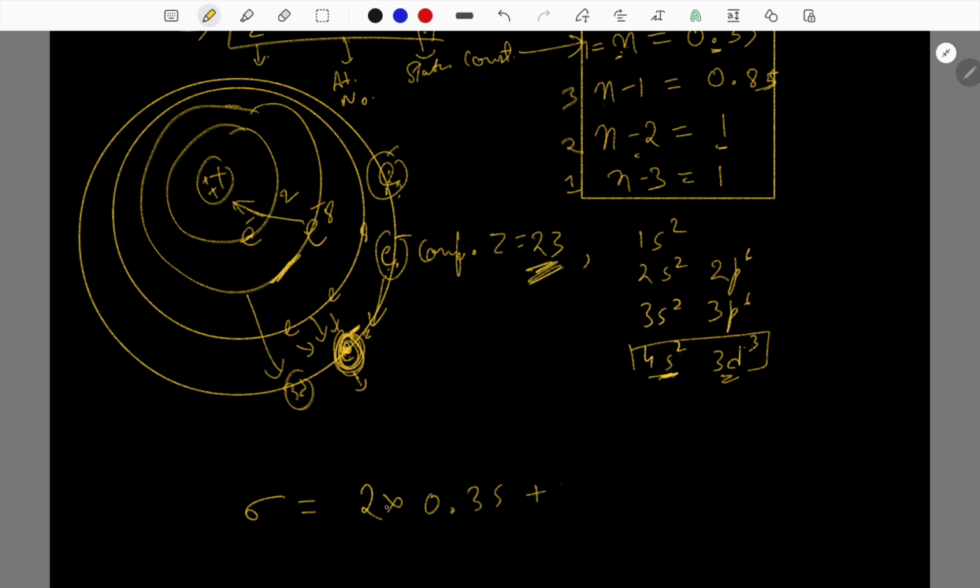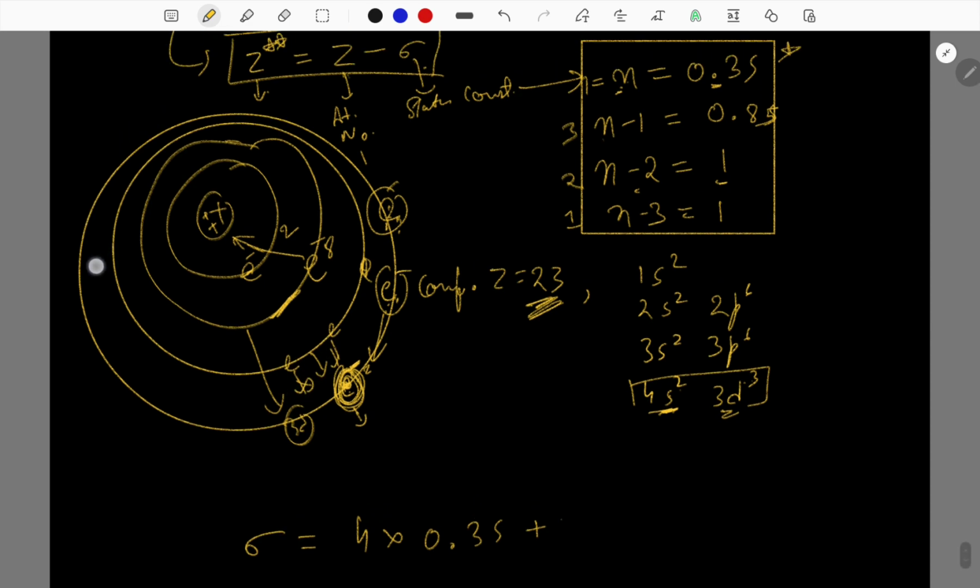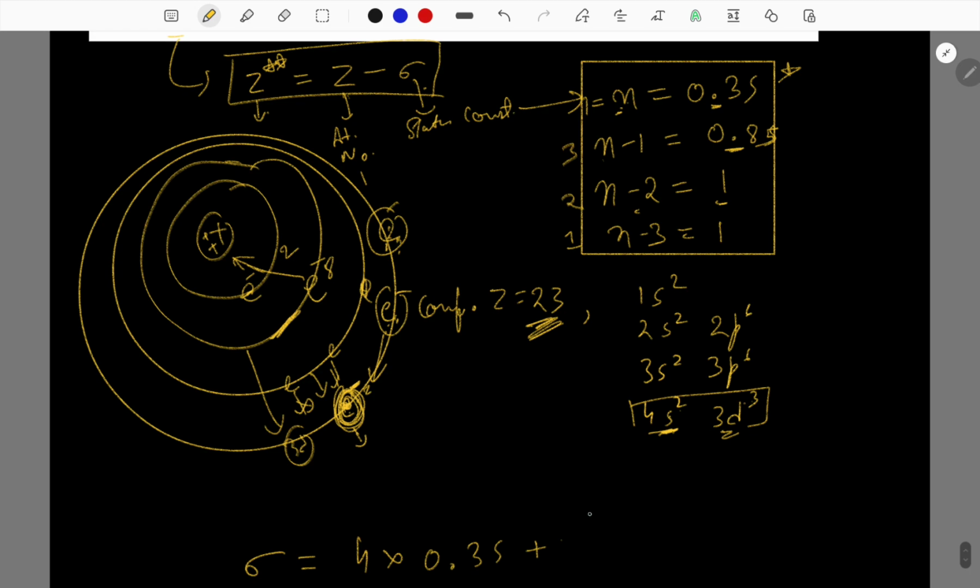Or you can say 2 plus 2, 4 electrons, directly 4 into 0.35, because this electron will feel a slight force from the electrons present in the same shell only. The further inside we go, the repulsive forces increase because they shield very effectively, so the constant is also increasing.